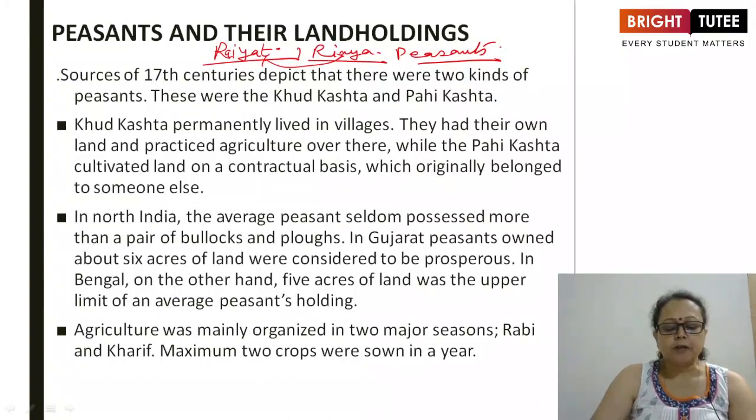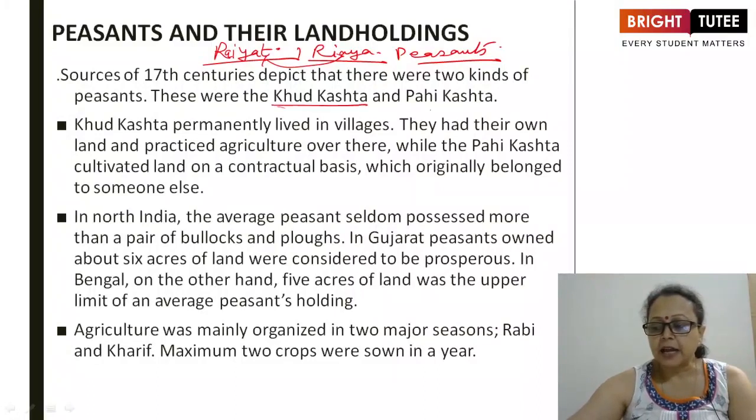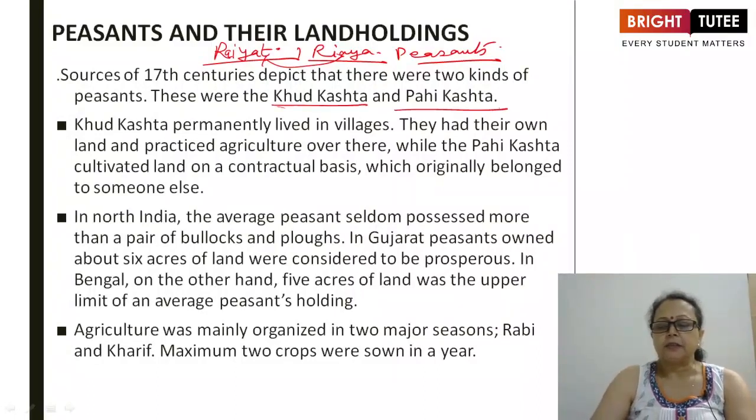The sources of the history of the 17th century refer to two kinds of peasants, Khud Kashta and Pahi Kashta. Khud Kashta is explained as those who permanently lived in villages, the permanent residents of that village. They had their own land and practiced agriculture there, while the Pahi Kashta cultivated land on a contractual basis.